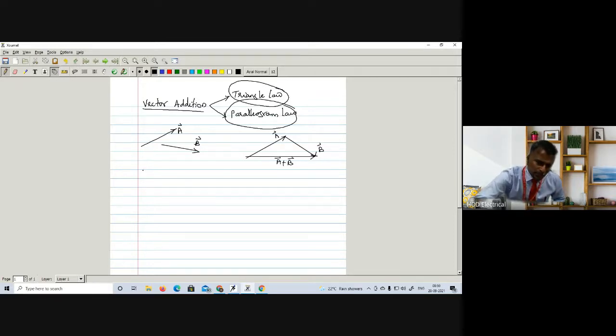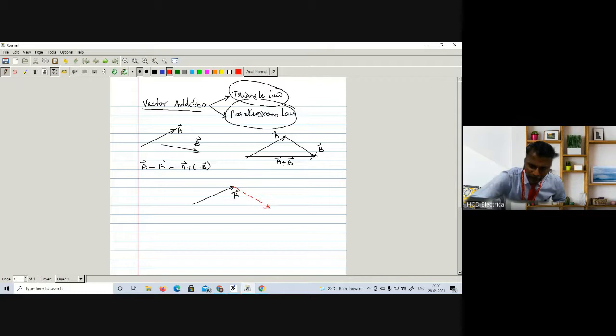For example, if you want to subtract these two vectors, A vector minus B vector, what can we write? We have to write A vector plus minus of B vector. Now, take the same vectors. This is the A vector. My B vector is in this direction, which I will show in the red line.